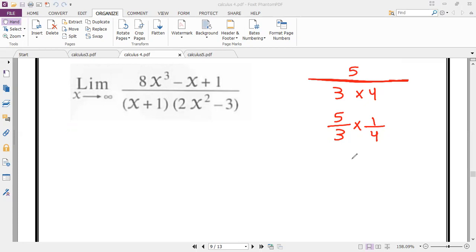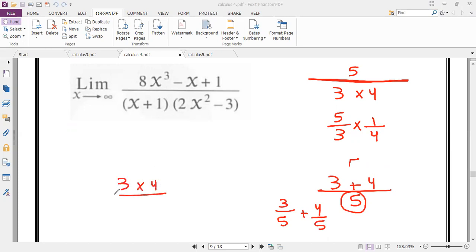But if we have something like, pay attention, 3 plus 4 divided by 5, in this case the denominator belongs to 3 and belongs to 4. So we can write it as 3 over 5 plus 4 over 5. If we have 3 times 4, all divided by 5, we can write it as 3 over 5 times 4 only. That's what I want to say.